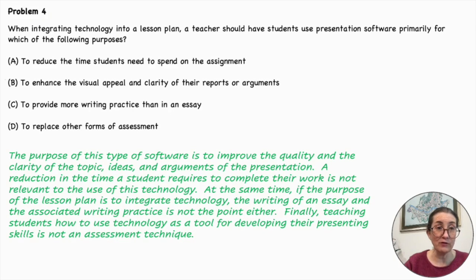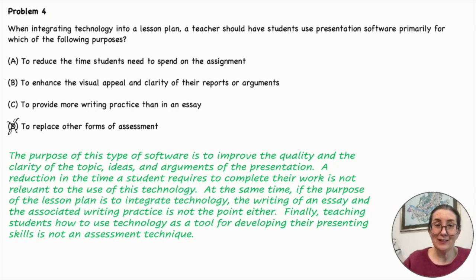At the same time, if the purpose of the lesson plan is to integrate technology, the writing of an essay and the associated writing practice is not the purpose either. Finally, teaching students how to use technology as a tool for developing their presenting skills is not an assessment technique.